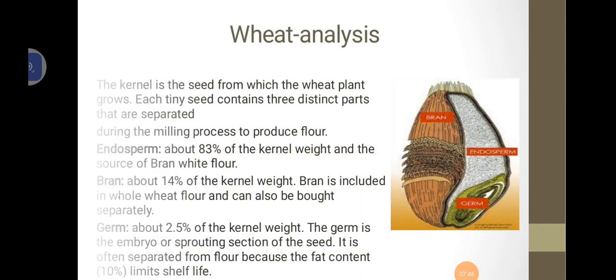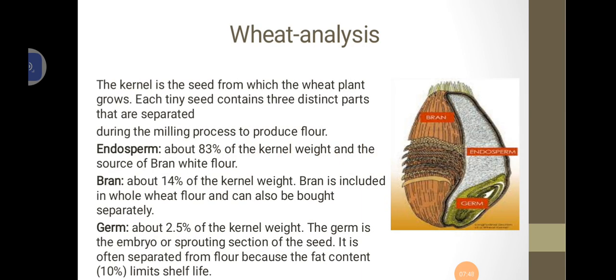Wheat analysis. Wheat. The kernel is the seed from which the wheat plant grows. Each tiny seed contains three distinct parts. During the milling process to produce flour: endosperm, bran, and germ. Endosperm, about 83% of the kernel weight, is the source of white flour.